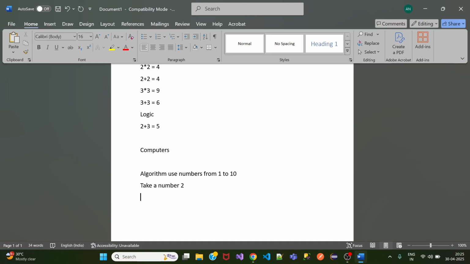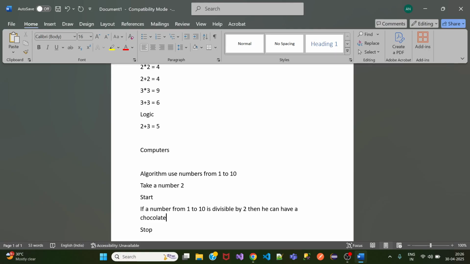So what you need to do is write an algorithm. First, it should be start, then stop. In between, if a number from 1 to 10 is divisible by 2, then he can have a chocolate.